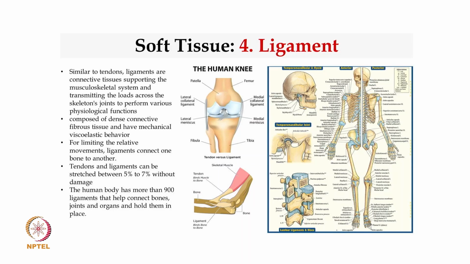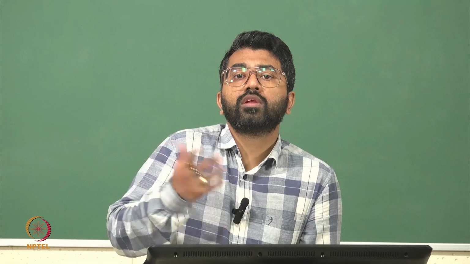The human body has more than 900 ligaments, okay, that help connect bones, joints and organs and hold them in place. So ligaments are not only connecting bones, they are connecting a lot of different joints and also joints and organs, right? A lot of these organs are not just floating inside my body, right? So the lung is hinged at a certain point, the heart is held in a certain place.